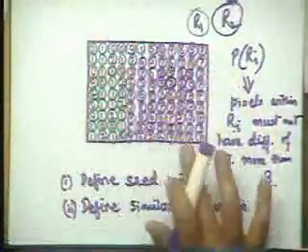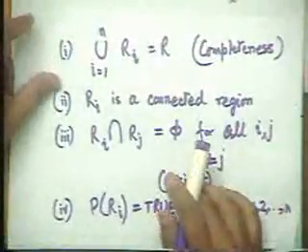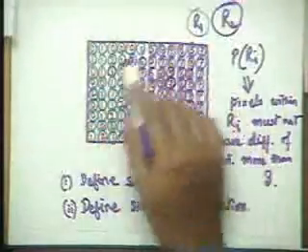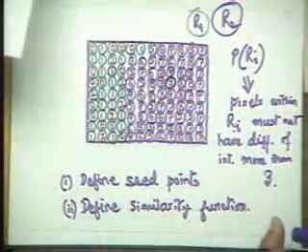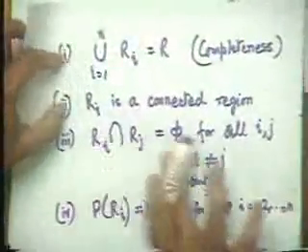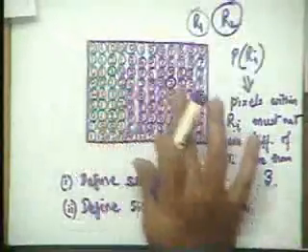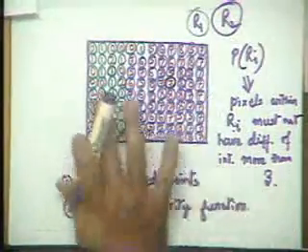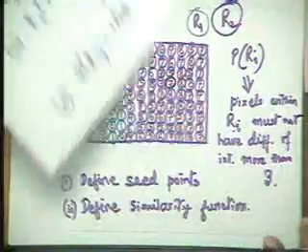All right. So let us see all the different properties. Clearly the completeness property is being fulfilled here. That means the segmentation process is complete for us. Then whether we choose R1 or R2, we find that they are connected regions. The third property is also fulfilled. R1 and R2's intersection is definitely going to be a null set, because both R1 and R2 are completely disjoint sets.